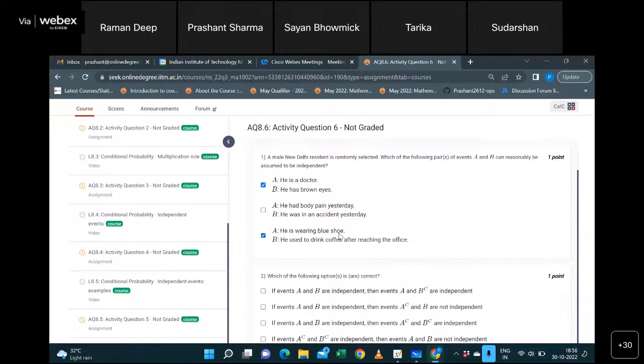It's totally different. Suppose someone is a doctor, so it's an independent thing from having brown eyes. But in B there can be dependency: he had a body pain yesterday, and he was in an accident yesterday. Sir, B cannot be assumed to be independent.